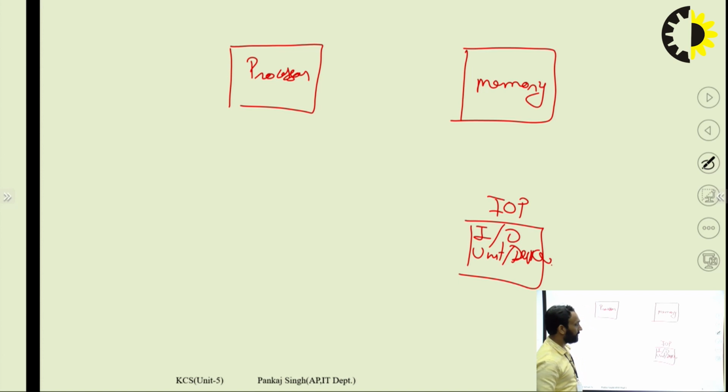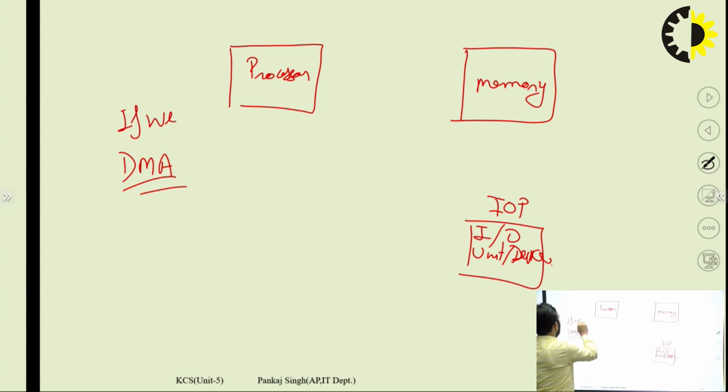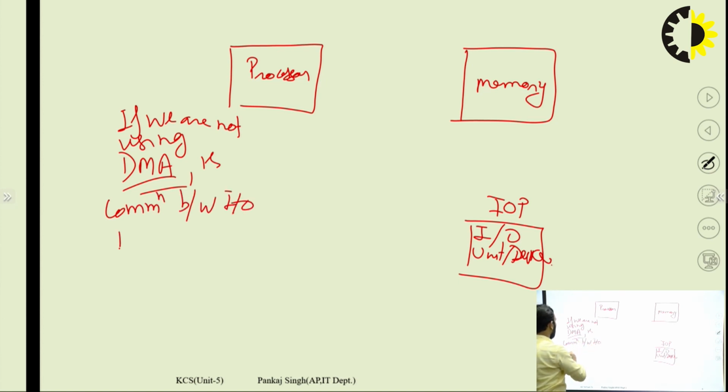So how is this possible? One question arises here: if we are not using DMA, is communication between the IO device and memory possible?